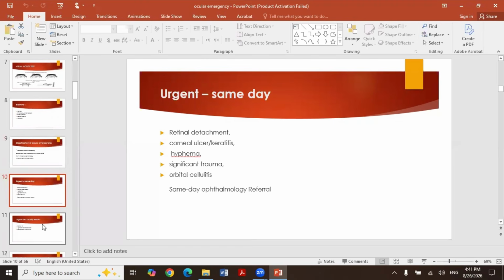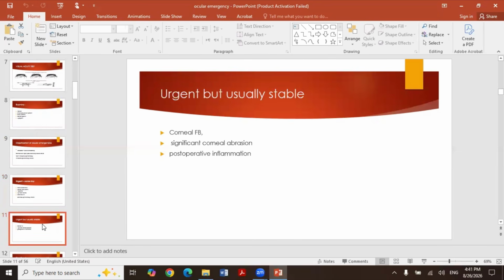The urgent in the same day should be seen within 24 hours. If there is retinal detachment, corneal ulcer, hyphema, significant trauma, or orbital cellulitis, this is within 24 hours. Same day ophthalmology referral, we call it. Number 3, it's urgent but usually stable. It should be seen within 48 hours; if not on the same day, we can see it on the second day.